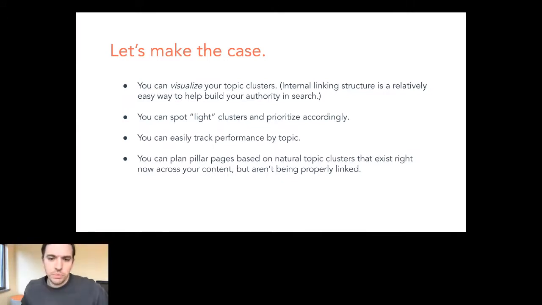Third, you can easily track performance by topic. I think this tool is really simple, but one of the things it does do in HubSpot is let you track performance by your clusters, which I think is kind of unique, and speaks to a point that I think is missed a lot, which is, especially with content marketing, there's a bias towards doing new things.